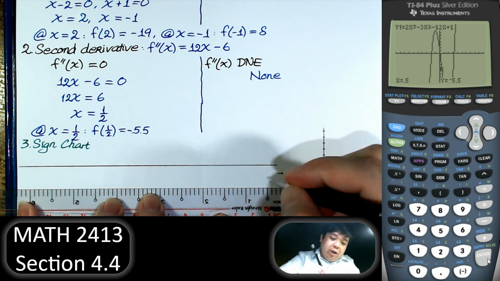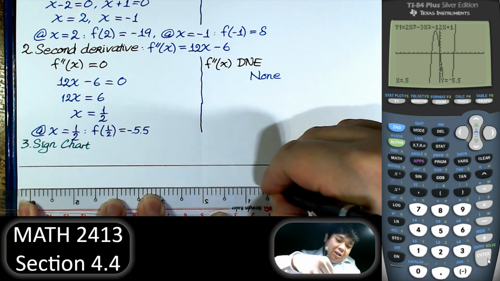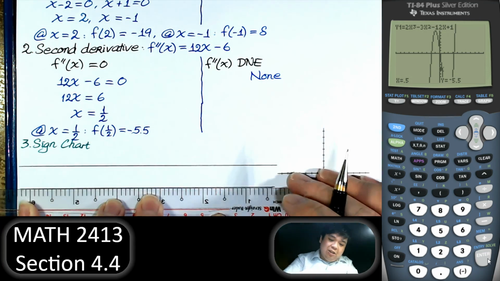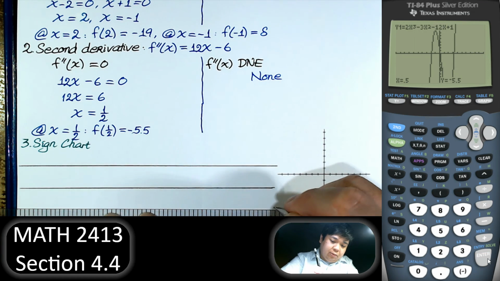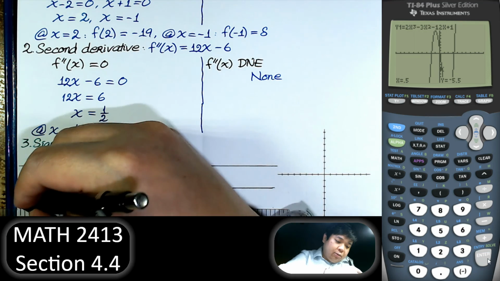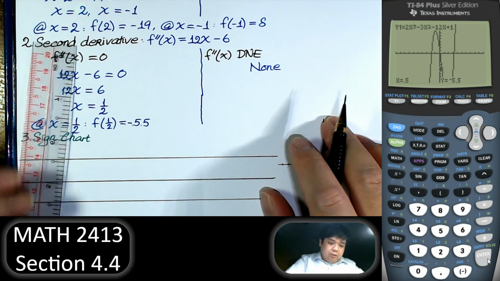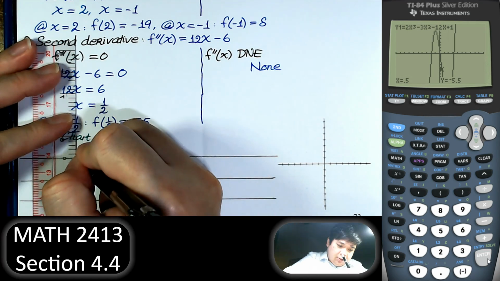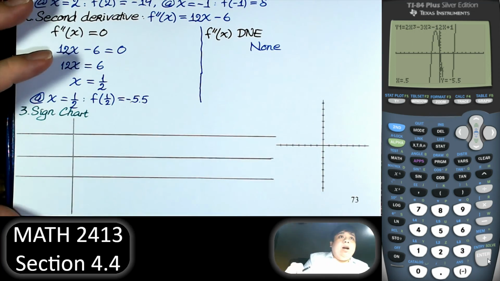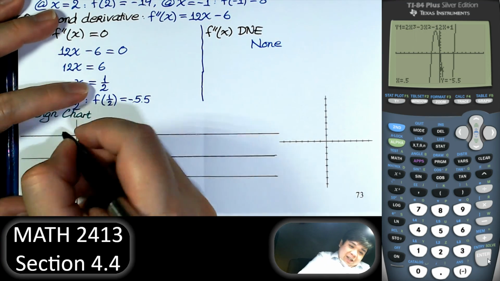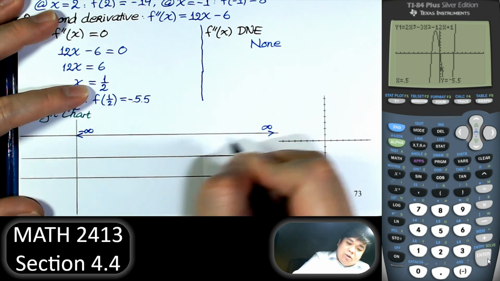Right, this sign chart will contain both the derivatives and the domain of the problem. All real numbers, so negative infinity to infinity. We have the whole number line here.